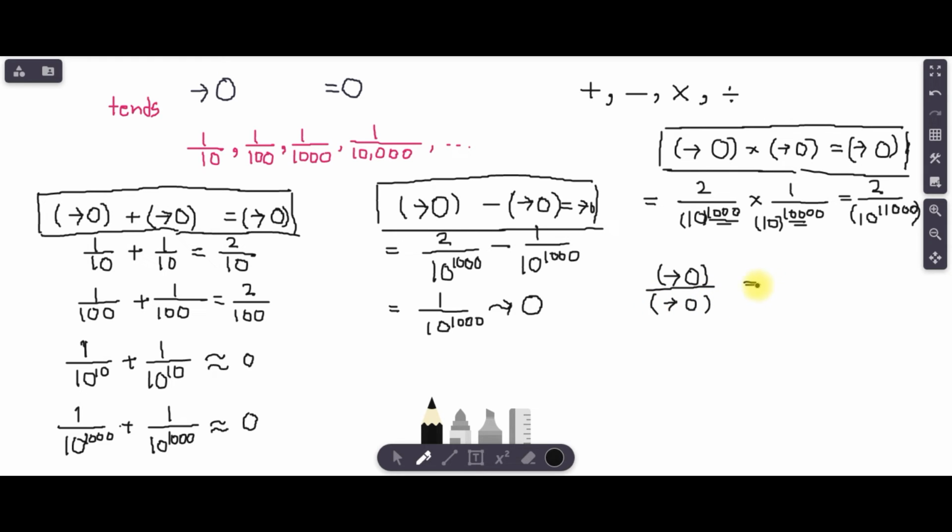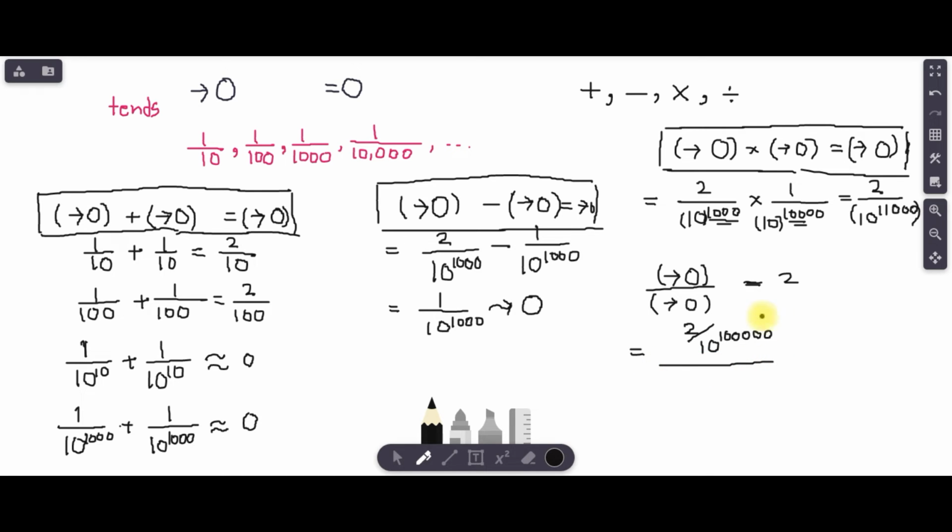So let us choose two numbers and try to get an answer, say 2. Can I choose two numbers which are different and the result will be 2? Yes, why not? Let us take an example of 2 divided by 10 to the power 1000. Or you can choose a bigger number, say 1 lakh.